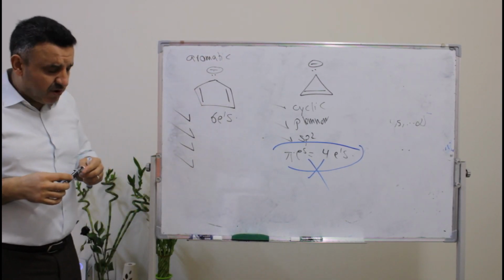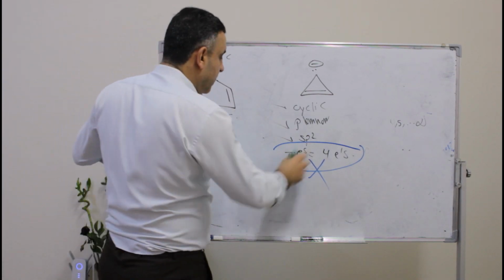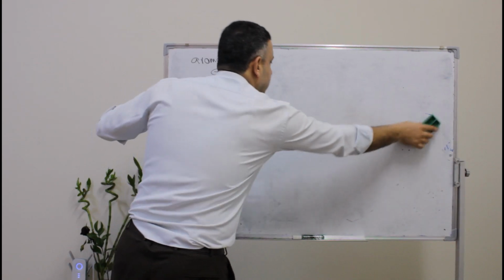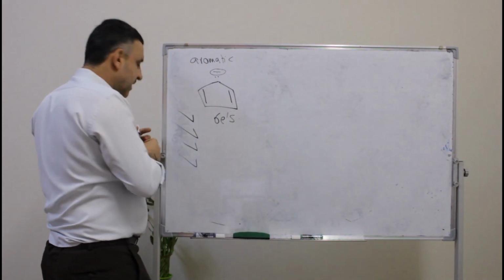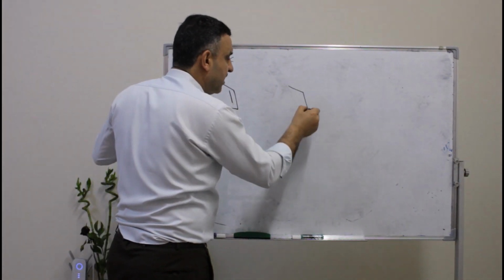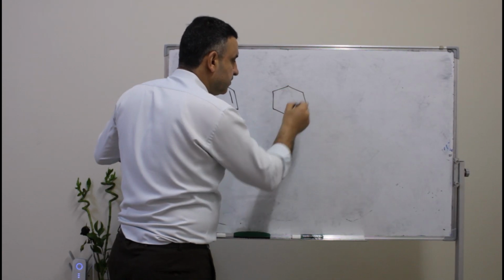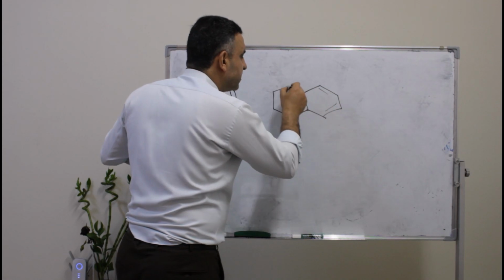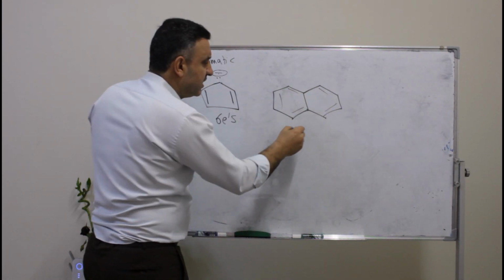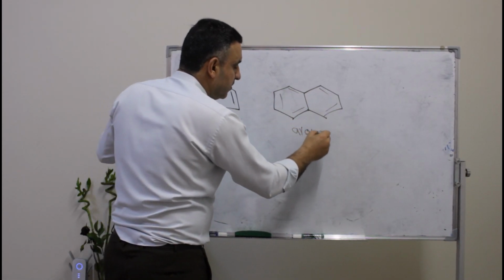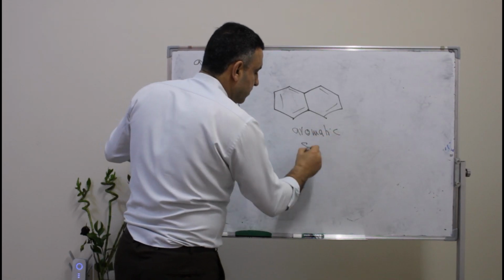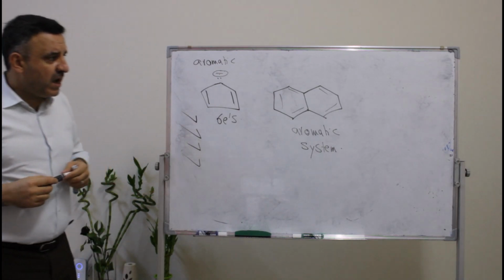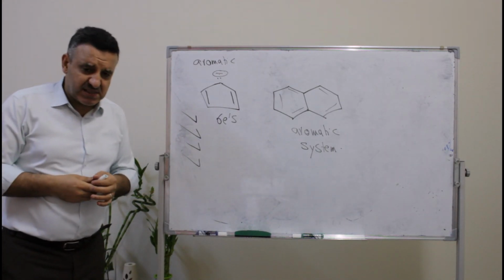Sometimes we may also have a combined system, or fused aromatic, as we call it. For example, naphthalene. Let's talk about naphthalene. This system is also aromatic. Why is naphthalene an aromatic system?